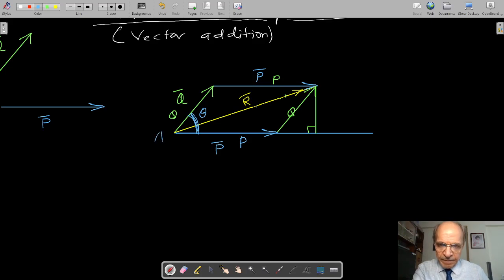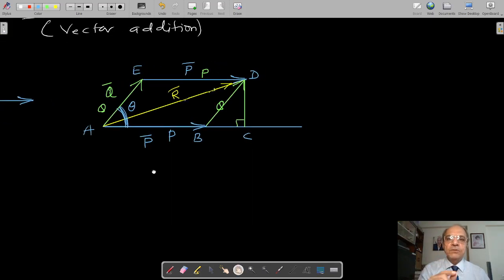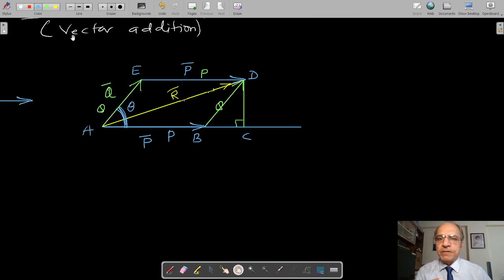Say this is A, B, C, D, and E. Now I have to calculate AD. This is my purpose. This length is P, this length is Q, and this angle is theta. So this angle would also be theta, because this is vector Q, and this is vector Q, so both are parallel.